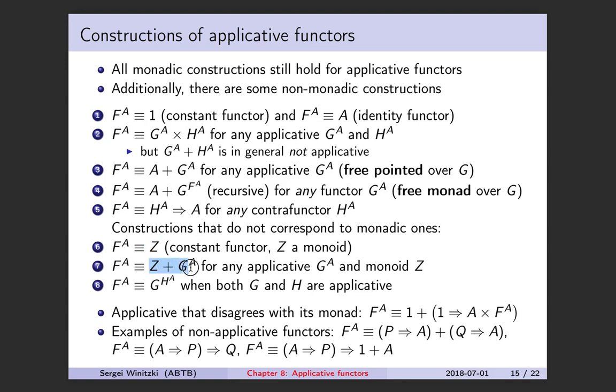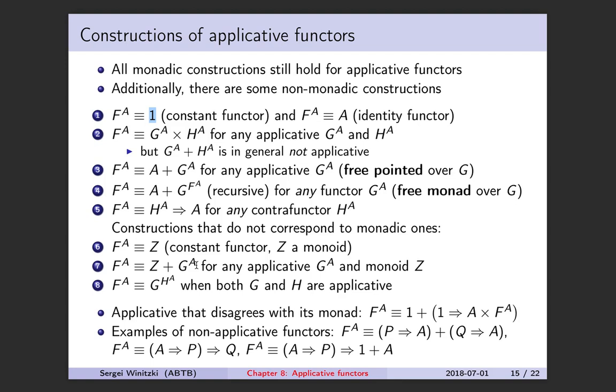The next construction also doesn't. It's similar to this one, except we're having here, instead of the A, we have the monoid Z. Now, G must be applicative, just like here. So why is this construction not monadic? Because even if you take for G the simplest functor, for example, this one, the constant functor, then you would have Z plus 1, which is a monoid, but not a monad, as we just have seen.